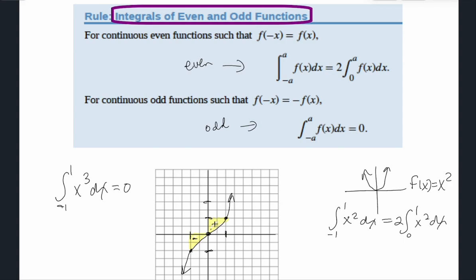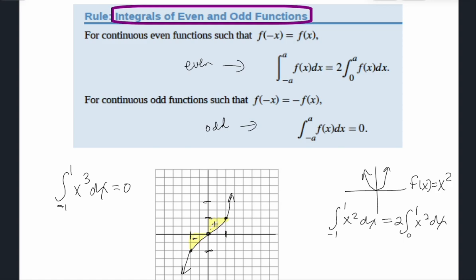So if you recognize that you have an odd function, it's even easier if this goes from -a to +a. So it has to be equidistant from the center, from 0. These two will always cancel each other out. You always get an answer of 0. So you never have to use this rule.